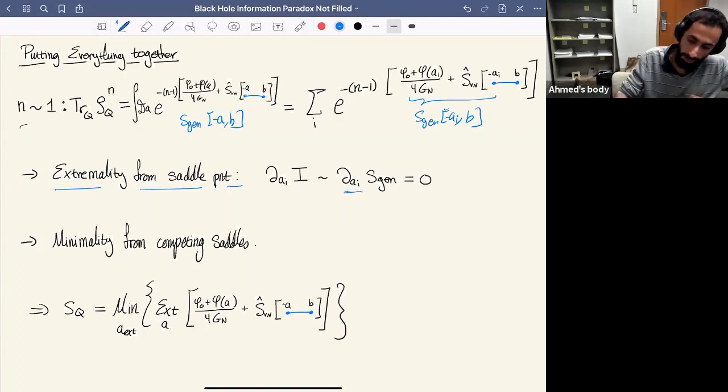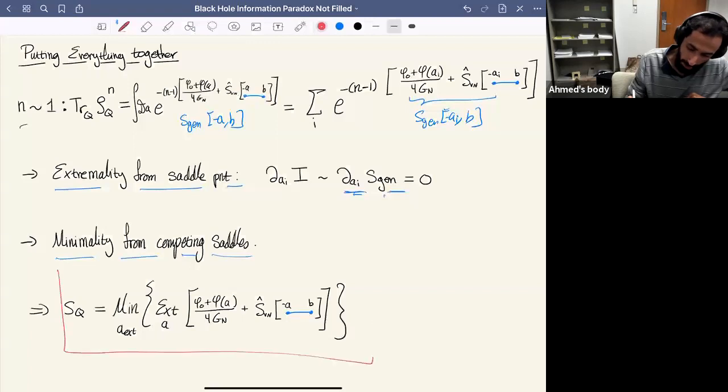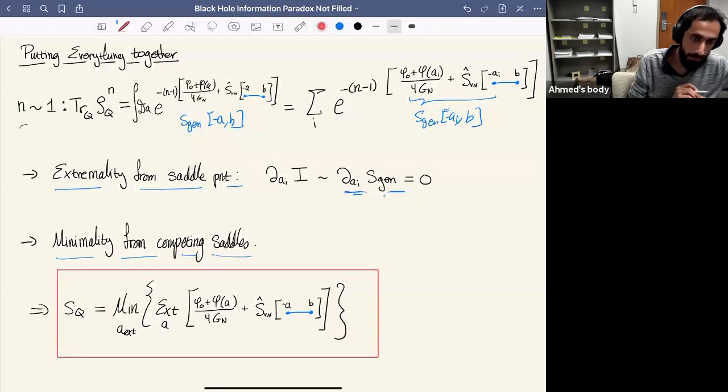That's the fact that varying S gen with respect to a is equal to 0. And minimality comes from the competing saddles. And so this tells us that the entropy is given by this. Any questions?